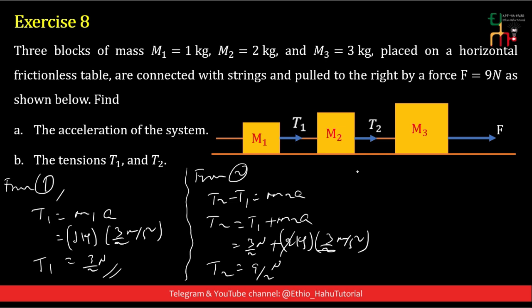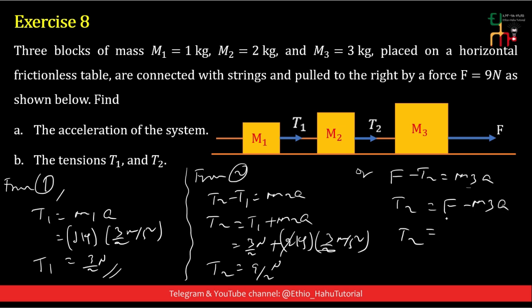Or F minus tension T2 is equal to M3 times acceleration, to find T2 actually. Taking T2 to the right and bringing this to the left, tension T2 is equal to F minus M3 times acceleration.